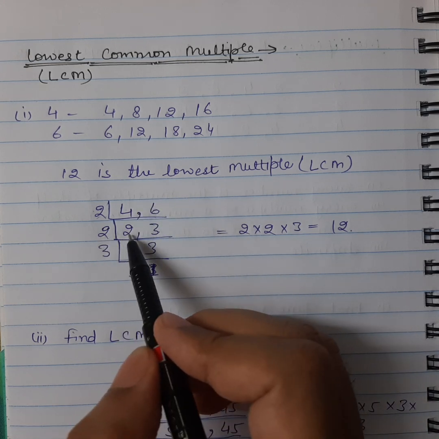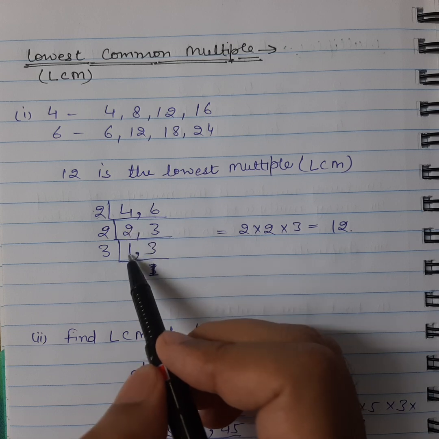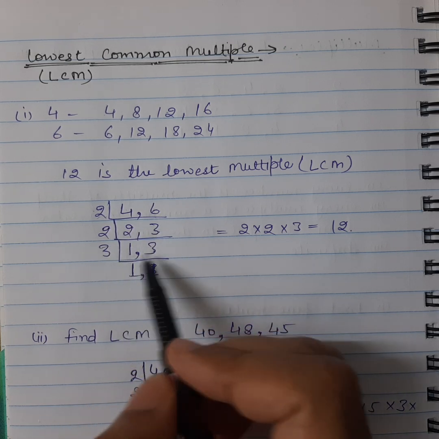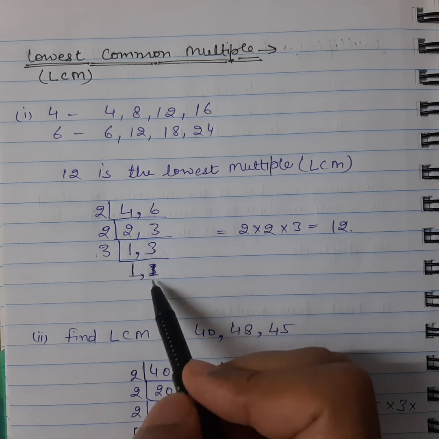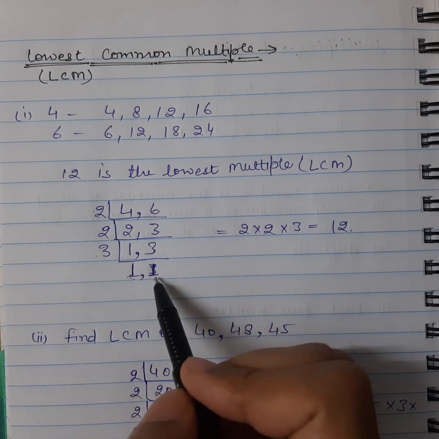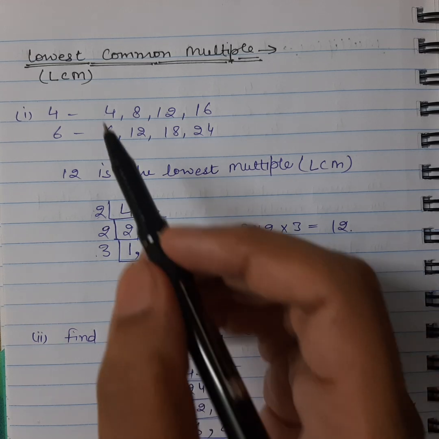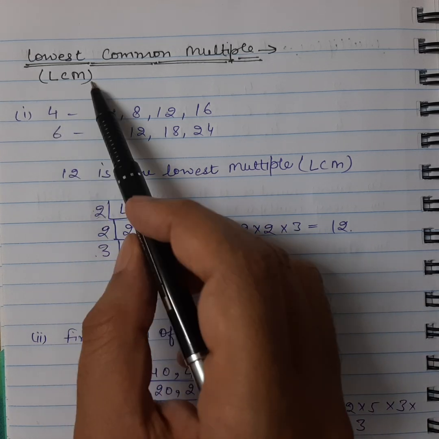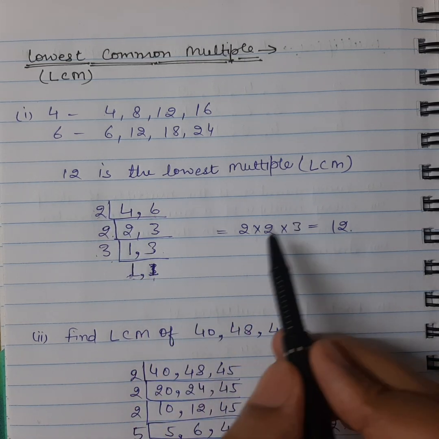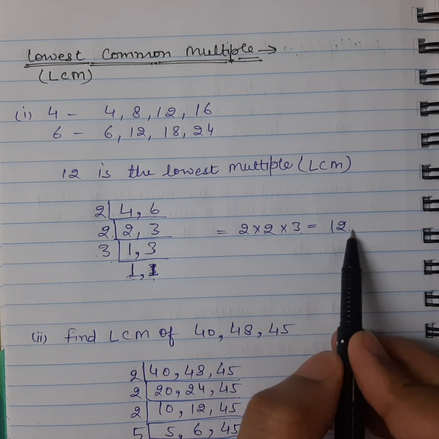Here we can divide 2 by 2 to get 1, and write 3 as it is. Then we divide 3 by 3 and get 1. Now both numbers are 1, so we can stop here. The LCM will be 2 multiplied by 2 multiplied by 3, which is 4 multiplied by 3, which is 12.